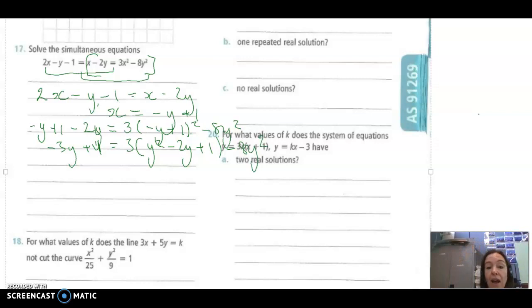And then I am going to simplify that, and I'll get minus 3y plus 1 equals 3y squared minus 6y plus 3.